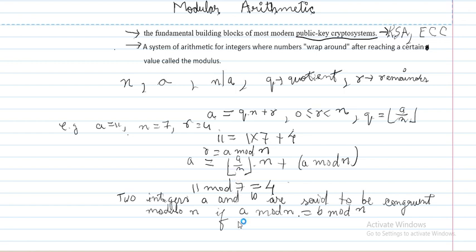So this can be written as a is congruent to b mod n.